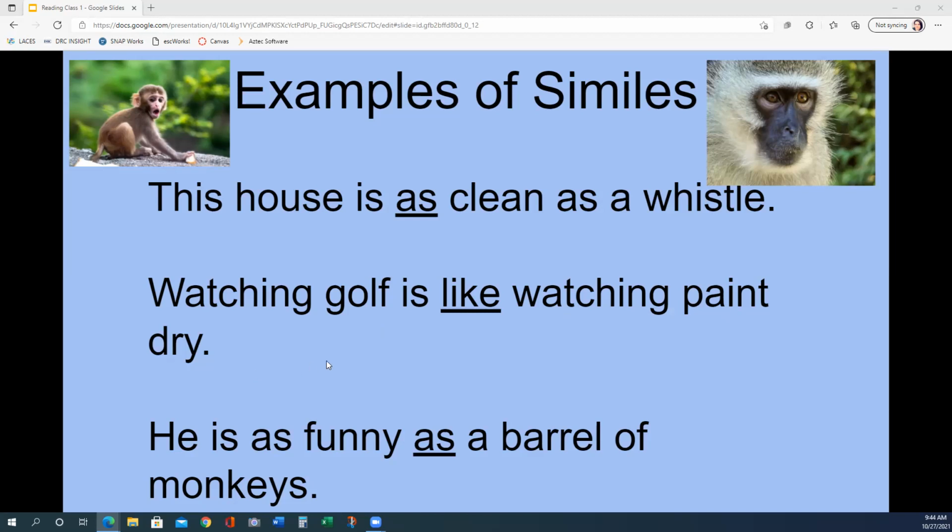It's boring. But this is a simile, and we're using the word like to compare golf and watching paint dry. He is as funny as a barrel of monkeys. We're using the word as to compare him and saying he is as funny as a barrel of monkeys. Those are all similes.